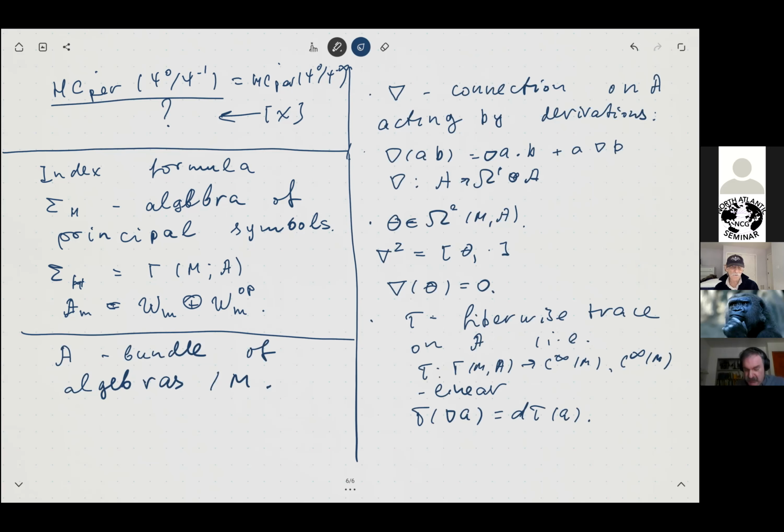I think we will construct all of this data for the algebra of principal symbols that's described. But once we have all this data, what we can produce.